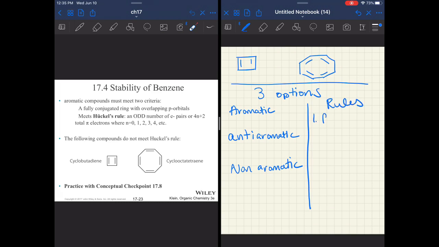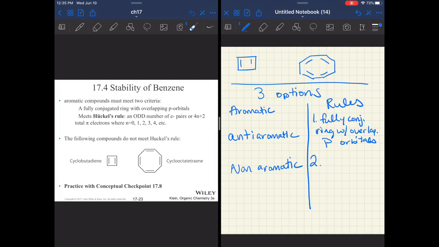So, our rules for aromaticity. Number 1, you have to have a fully conjugated ring with overlapping p orbitals. That's the main thing you want to take away. You have to have a ring of overlapping p orbitals.